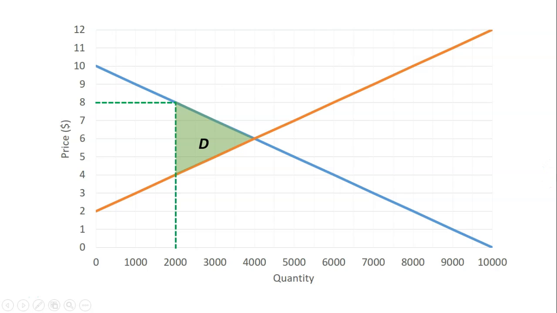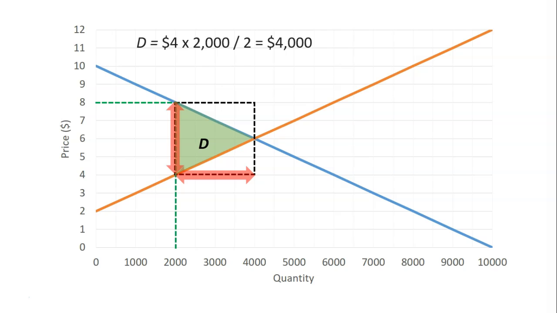This is the deadweight loss of economic welfare. How do we calculate that? The same way as we calculated the larger triangle. So 4 times 2,000 divided by 2 is $4,000 deadweight loss.